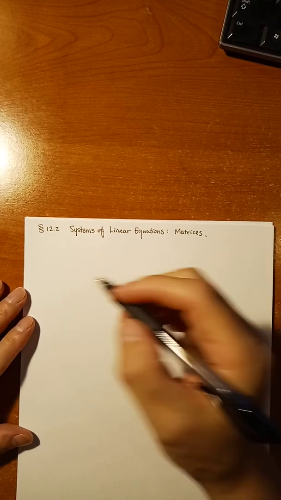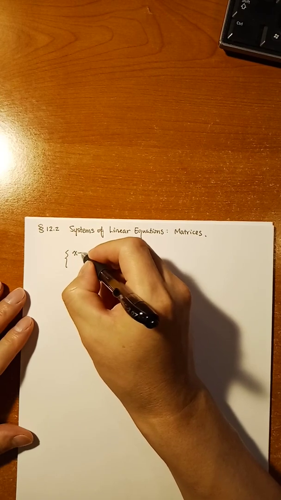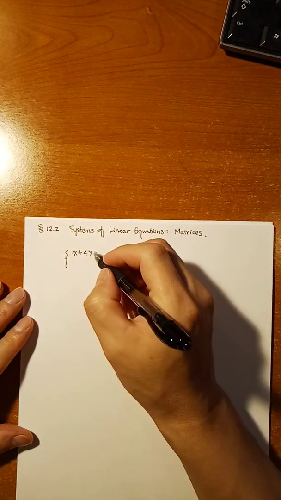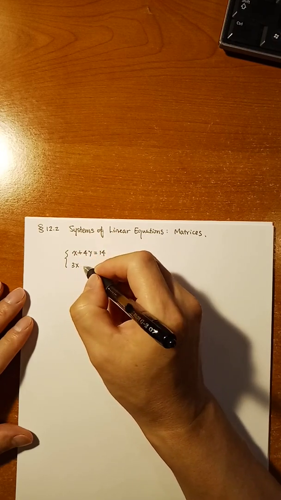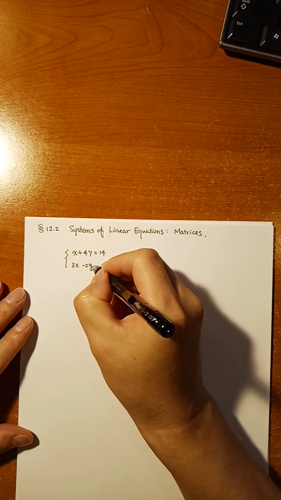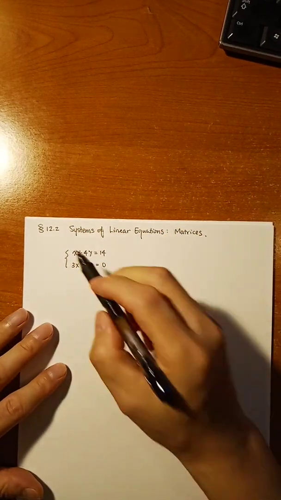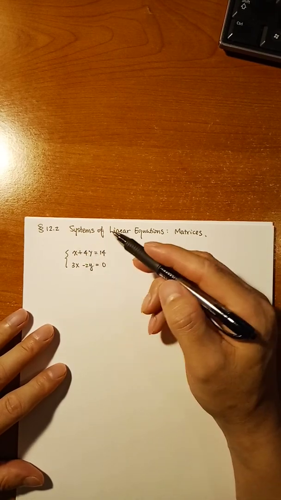So for example, if we have this system of linear equations, the simplest one, we just pick x plus 4y is 14 and 3x minus 2y is equal to 0. Well, we can use x and y to represent the unknown variables. We can use other letters.